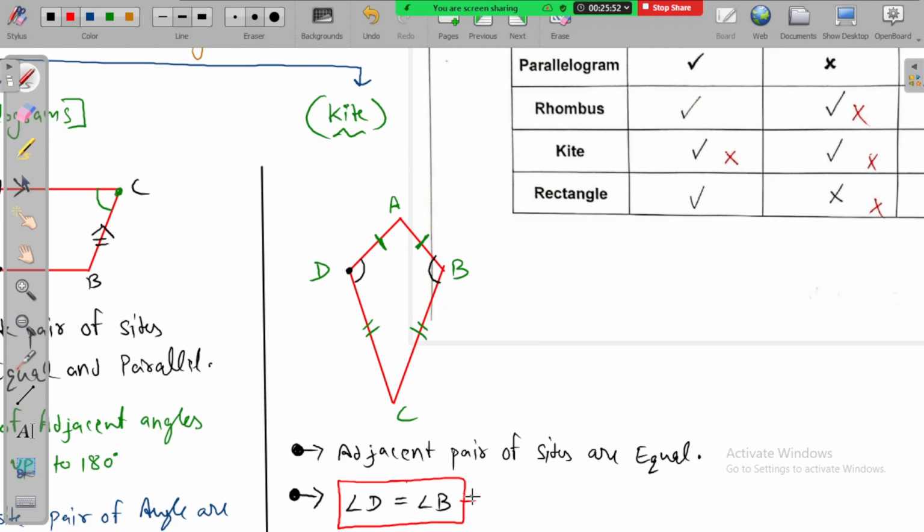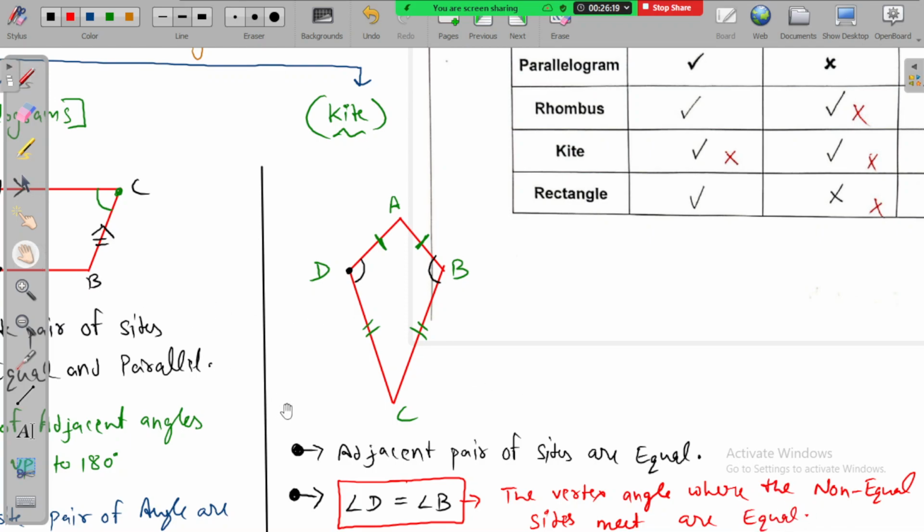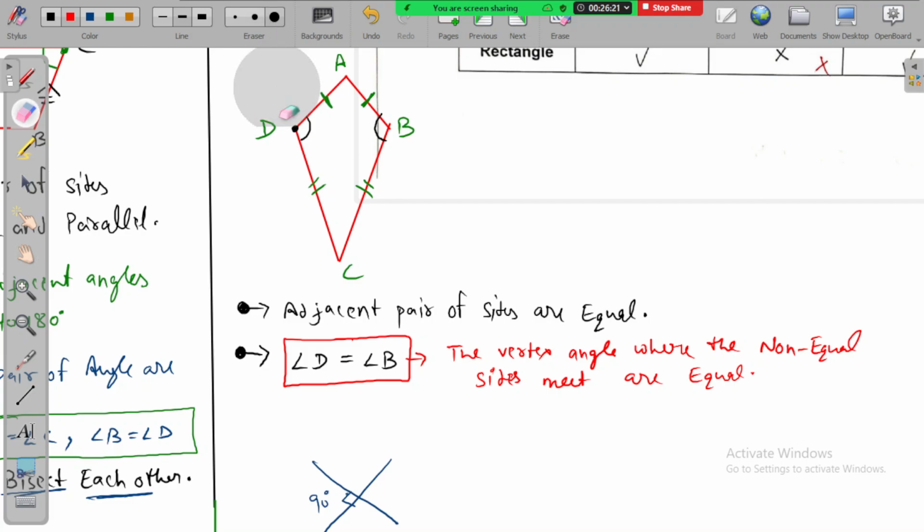You can say the vertex angles where the non-equal sides meet are equal. Get it? Any confusion? Okay.